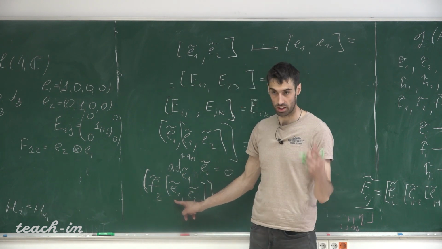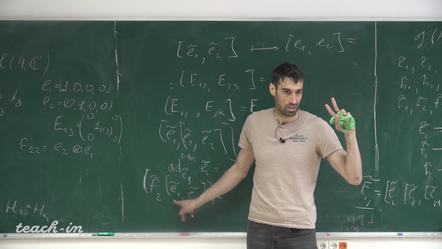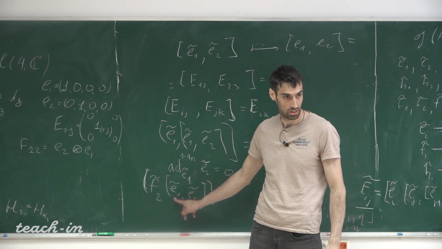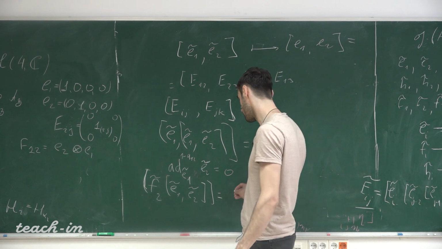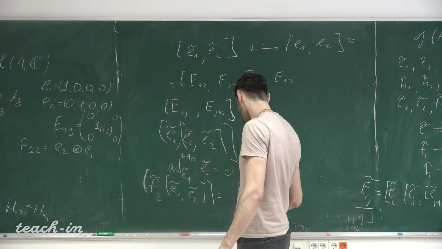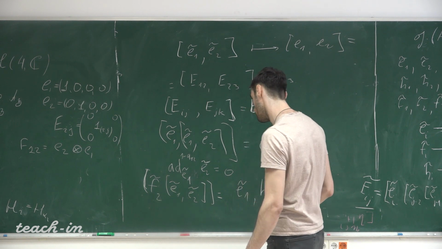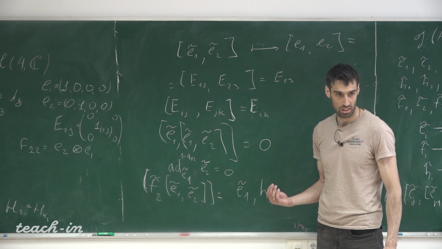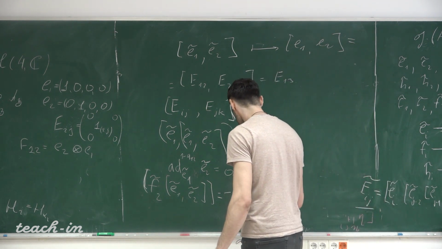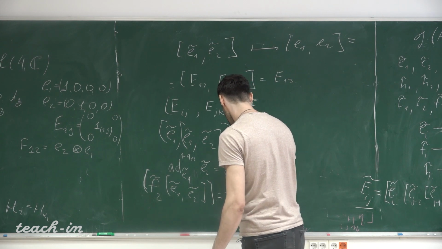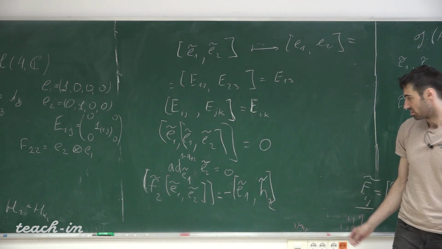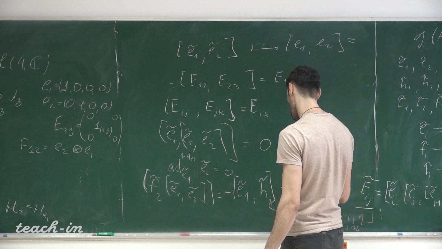In this algebra we have that Fi commutes with Ej if i and j are not the same, so F2 commutes with E1. Therefore this is just E1 commutator with H, and F2 with E2 gives me negative H2.